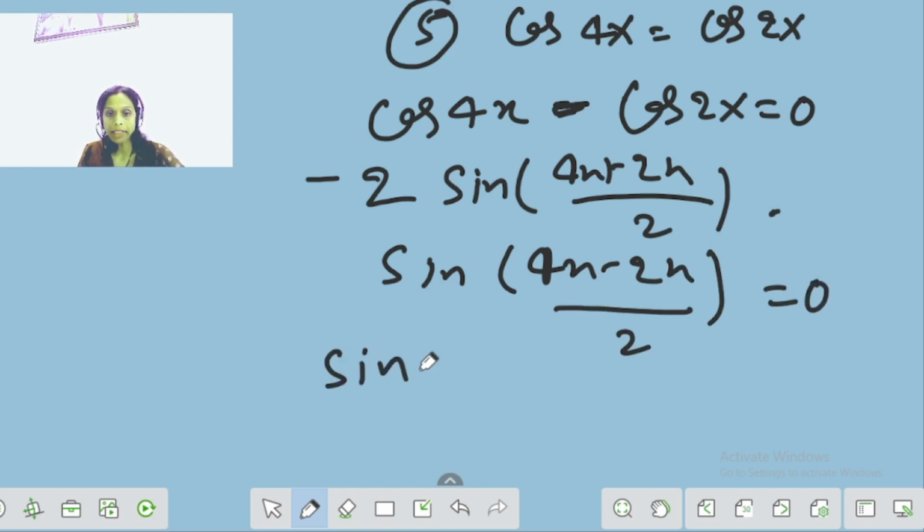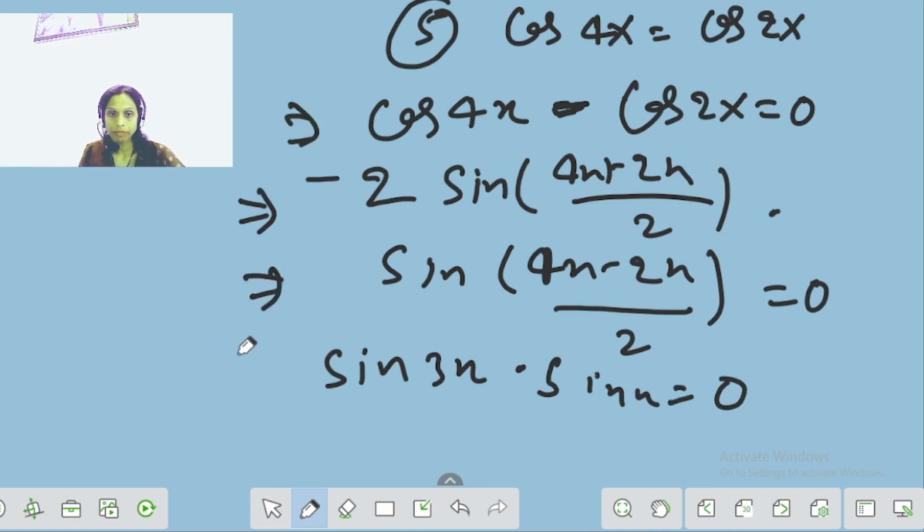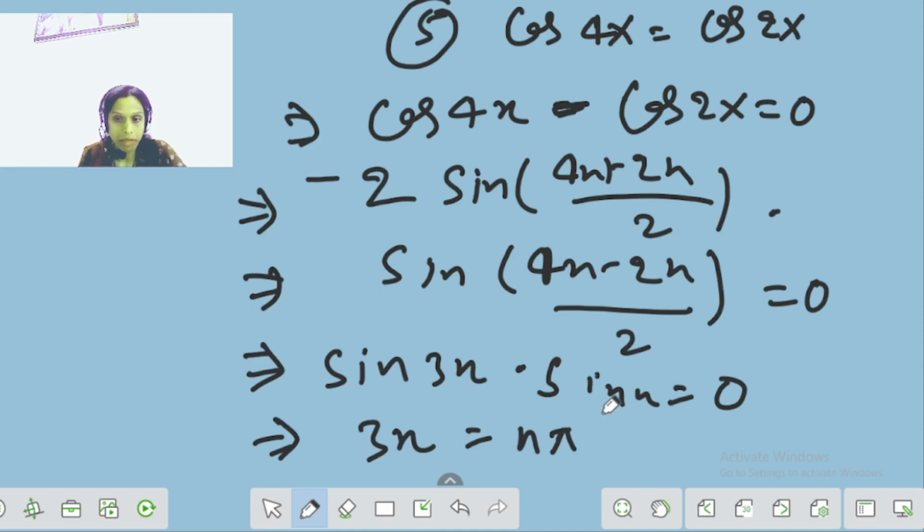Means sin 3x into sin x is equal to 0. This implies 3x is equal to n pi, means x is equal to n pi by 3.